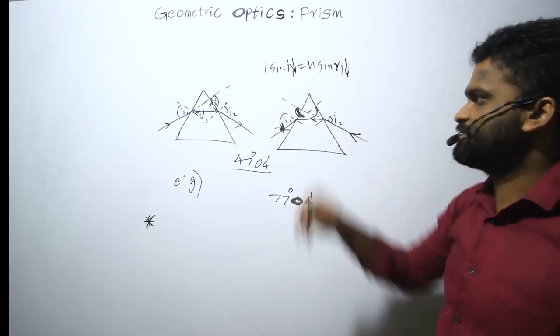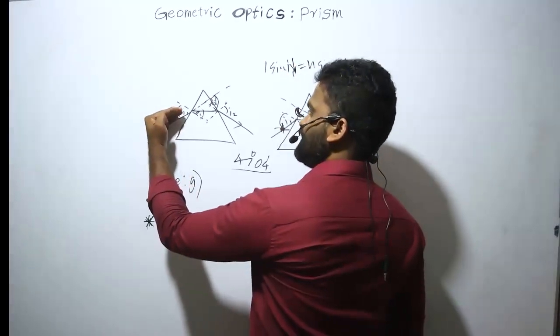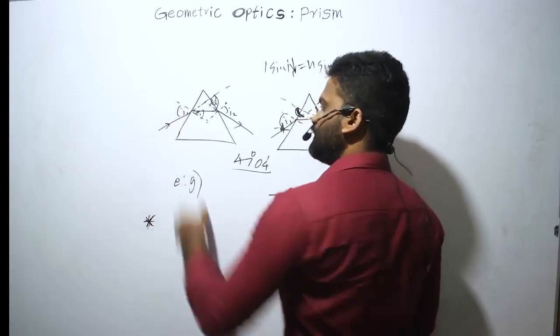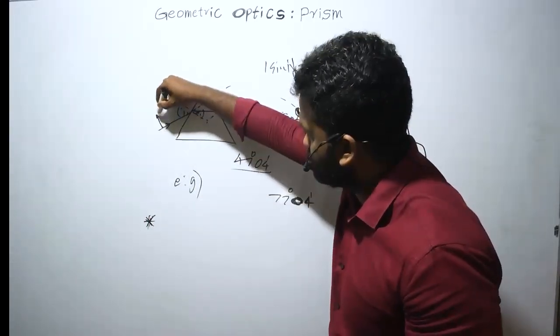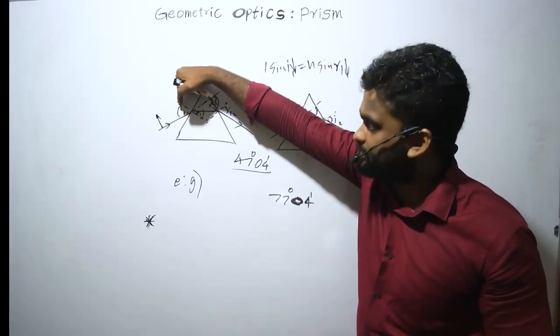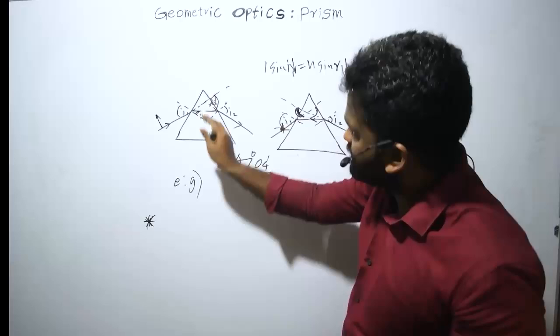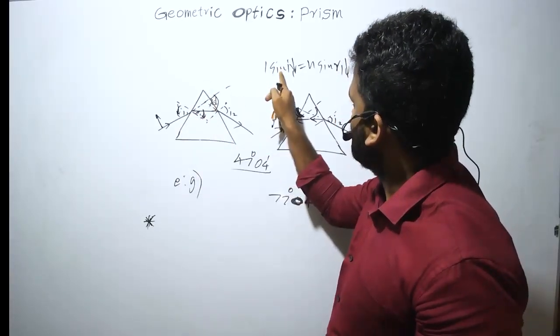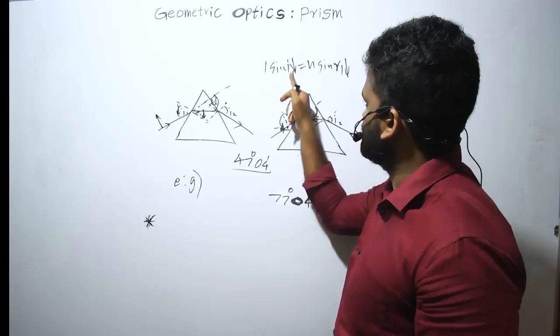When I1 decreases means when you move this ray towards the normal, to this side, I1 decreases. So when I1 decreases, this angle R1 also decreases. It is obvious from this equation, right?